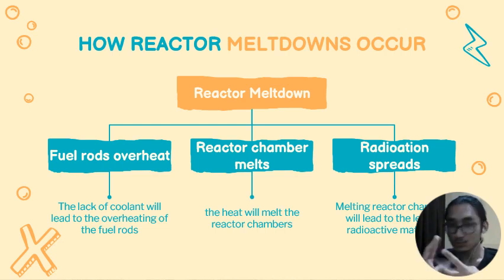In Three Mile Island and Chernobyl, the cause of the meltdown was human error. Both lacked safety protocols. Meanwhile, the Fukushima disaster was caused by an earthquake damaging the electrical grid of the cooling system, which caused the fuel rods to not get cooling, which melted down the reactor.